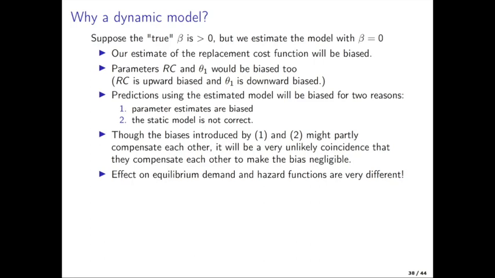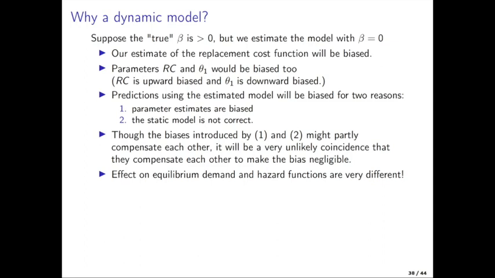Generally, this is an issue which is clear in this model. But generally, our estimates of replacement cost, or any parameters that index these dynamic investments, would be biased. The parameters of the cost function would be biased too, and so RC is upward biased, and theta 1 is downward biased.